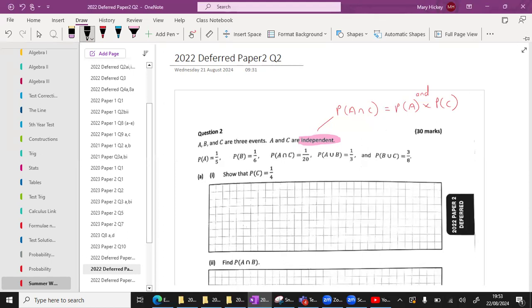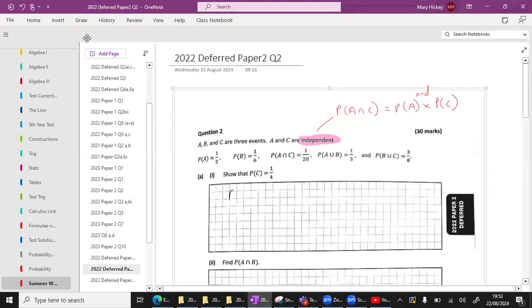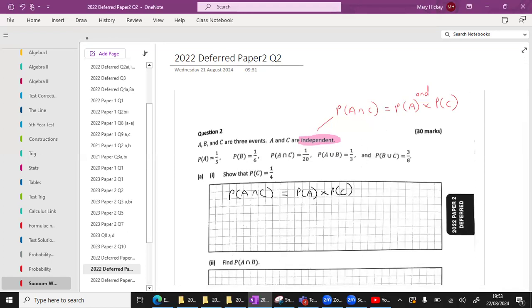So if that is the case, we can show it using what I've just written above. The probability of A intersection C should be the probability of A times the probability of C. The probability of A is a fifth. The probability of C, well, that's what we're looking for, so we'll leave that blank for a moment.